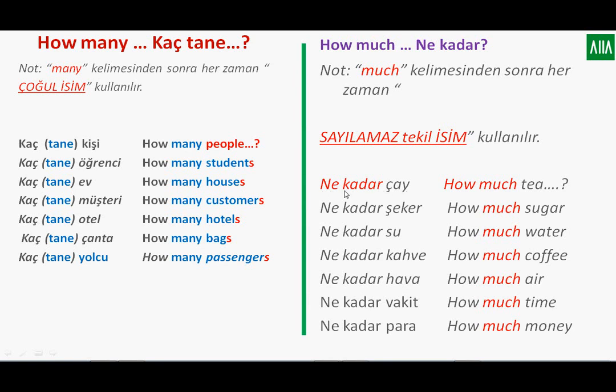This is the important point. Ne kadar çay, ne kadar şeker, ne kadar su, ne kadar kahve, ne kadar hava, ne kadar nakit, ne kadar para. Let's repeat one more time.